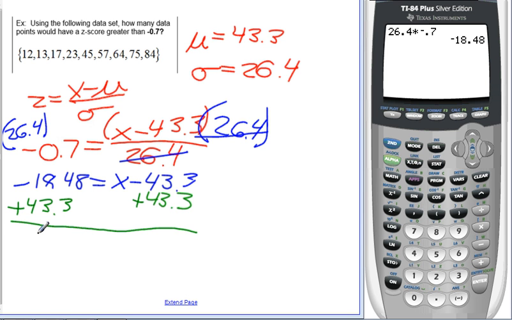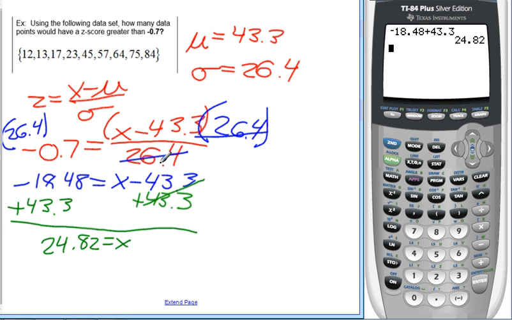Okay, so when I add 43.3 to both sides, I get on this side negative 18.48 plus 43.3 is 24.82. 24.82 is what my x equals.